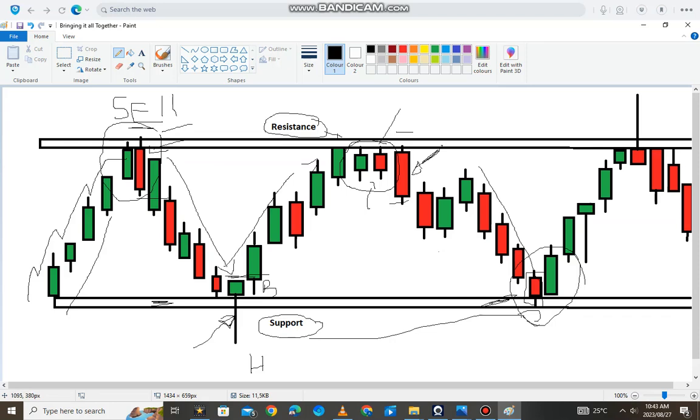This is telling us that the market is not interested in pushing through this area of support. Then the market is going to be pushing to the upside. And as you can see, the market started pushing to the upside. So if you see this pattern at an area of support, you have my blessing to go ahead and place a buy here, a stop loss below structure, and benefit from this move.